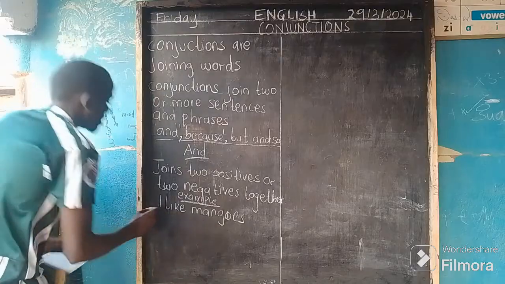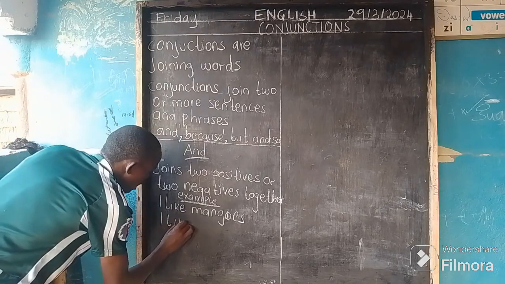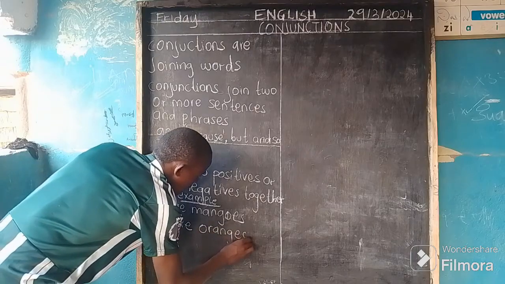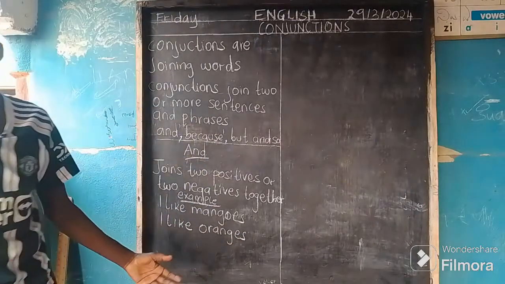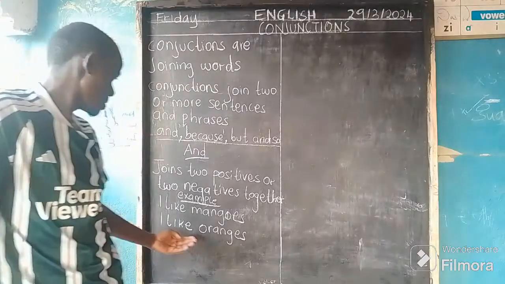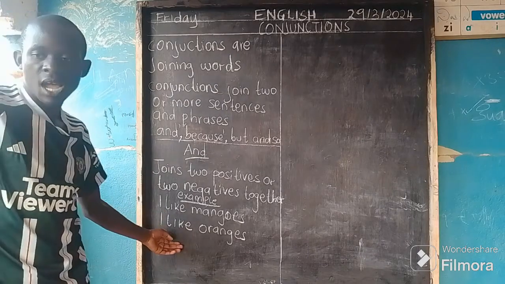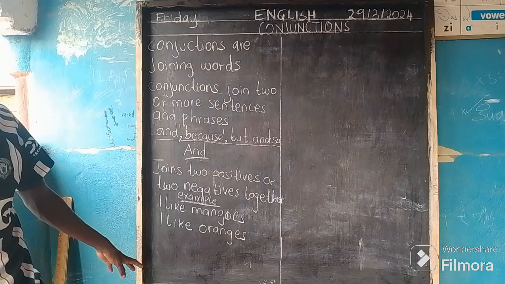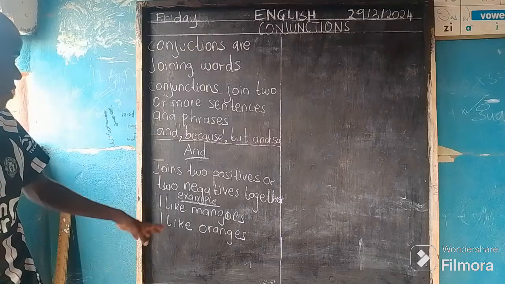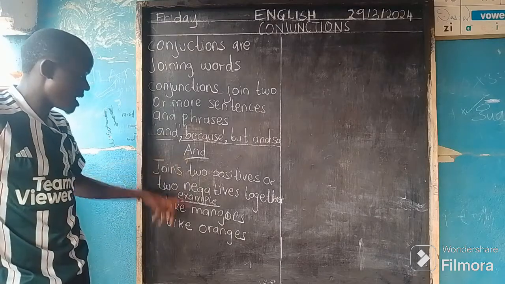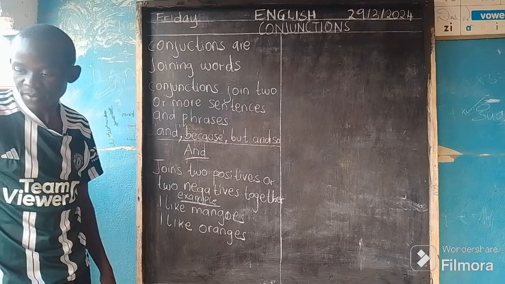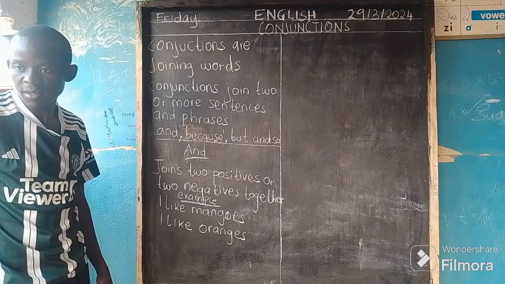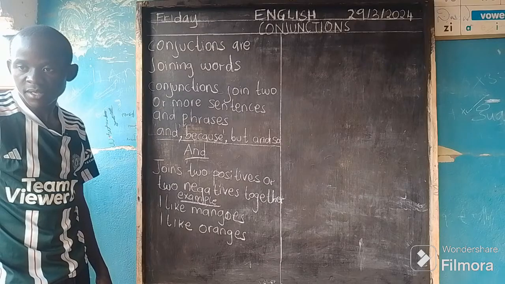I like oranges. Which conjunction are we going to use here? And. Yes, we're going to use the conjunction and. And how are you going to use it? I like mangoes and I like oranges.